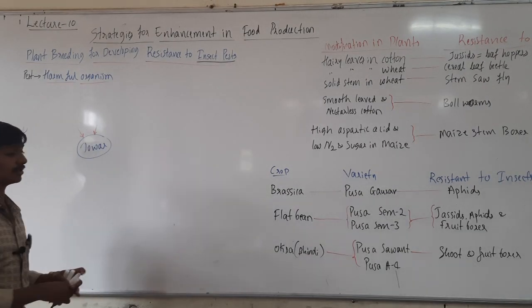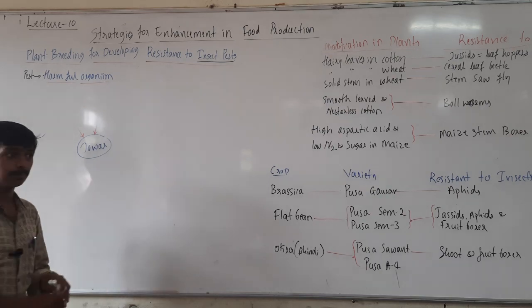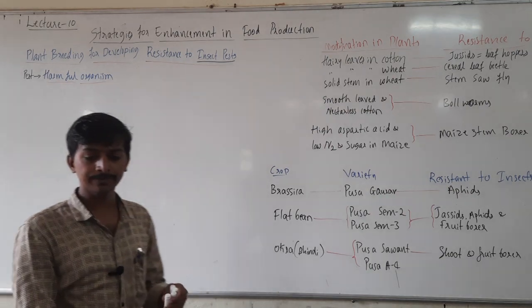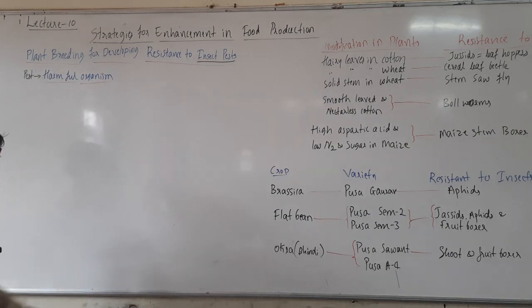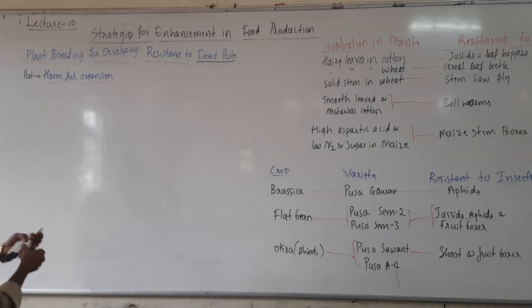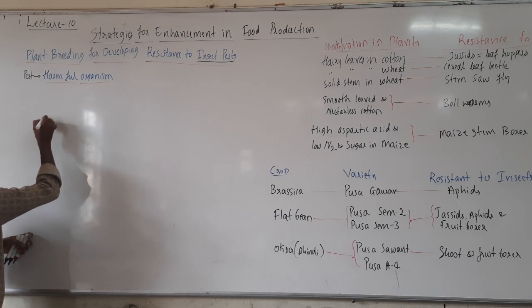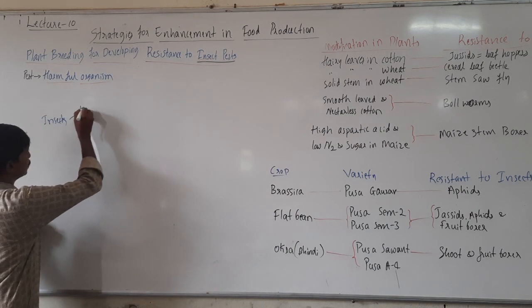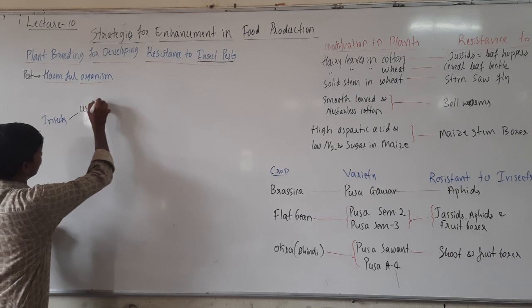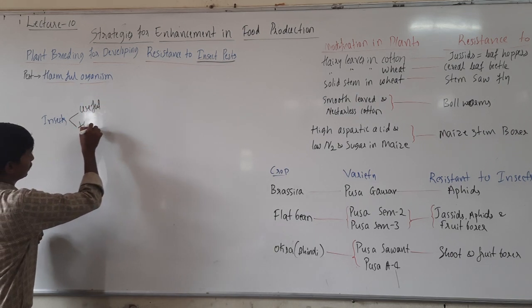So, here we shall discuss how we can develop plants against insect pests, because in nature there are various insects. Insects are either useful or harmful.